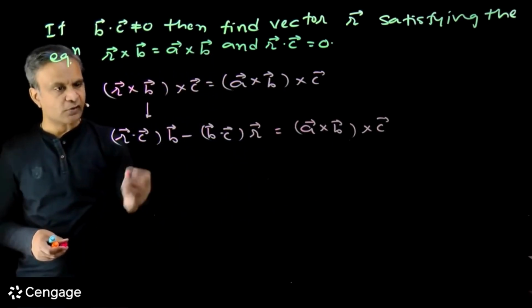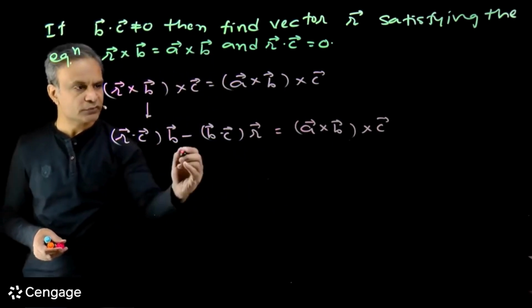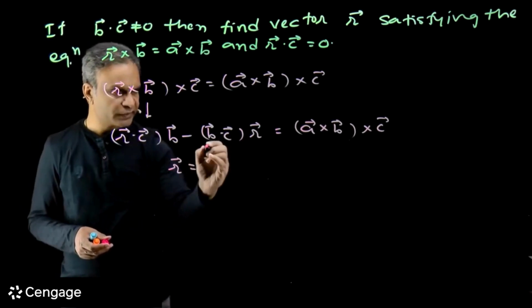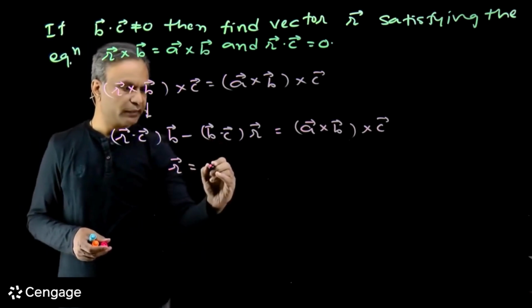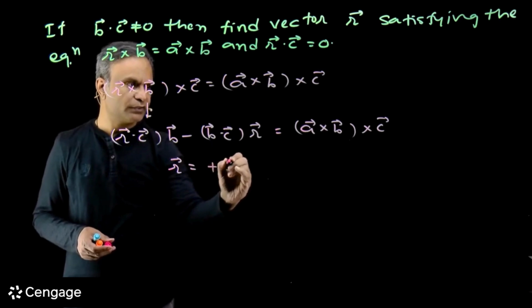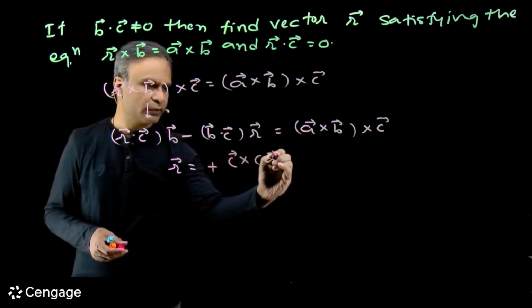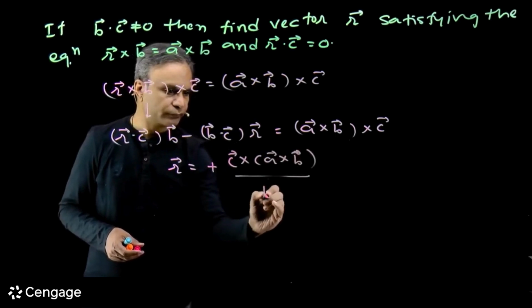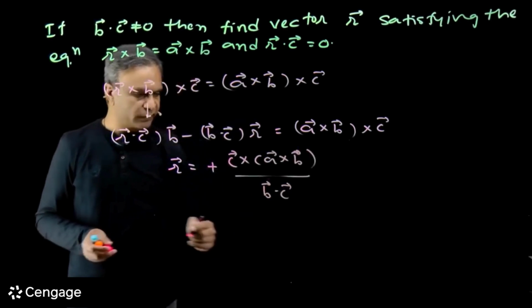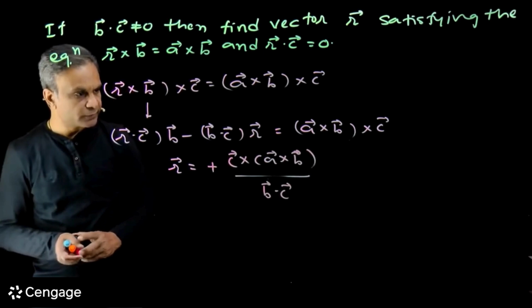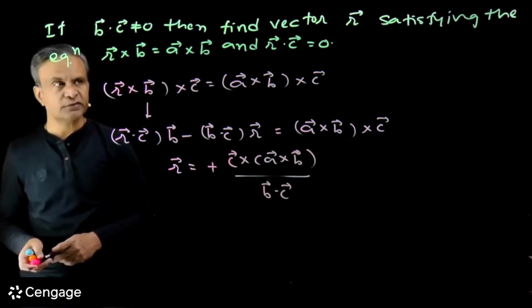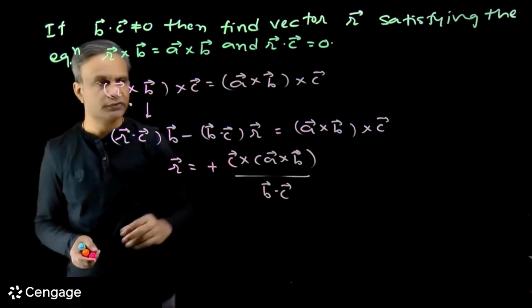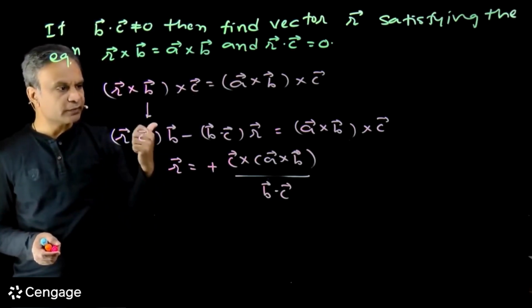Now r dot c is 0. So we get vector r is equal to, divide both sides by minus b dot c, vector r is equal to plus c cross (a cross b) over b dot c. So we have vector r in terms of vectors a, b and c. हमने इस वेक्टर इक्वेशन को सॉल्व किया, जिसमें हमने इसको भी यूज किया. सॉल्व करके हमने वेक्टर r निकाला.